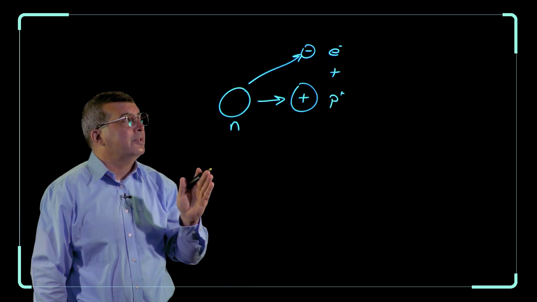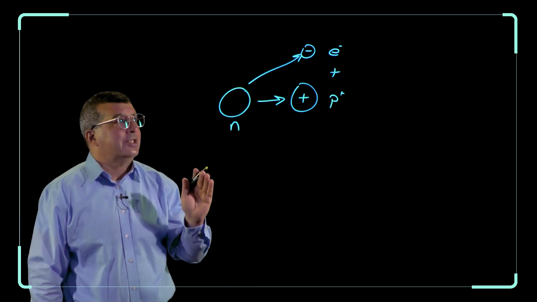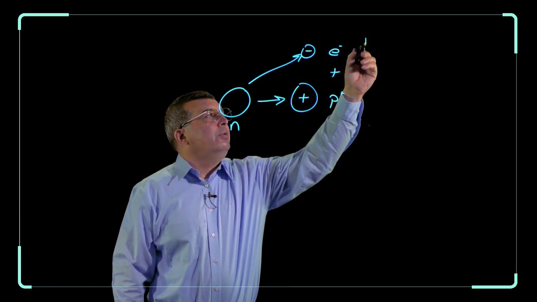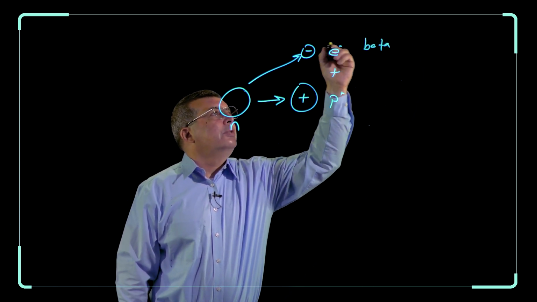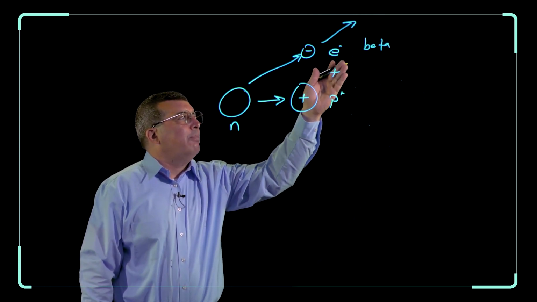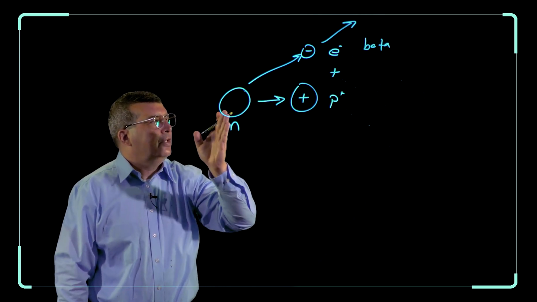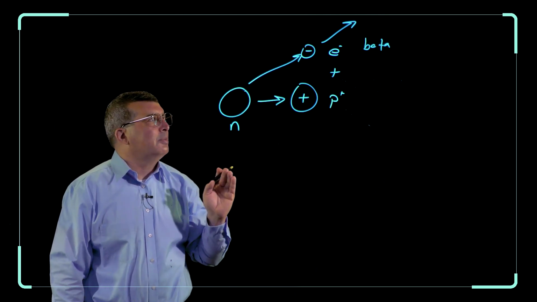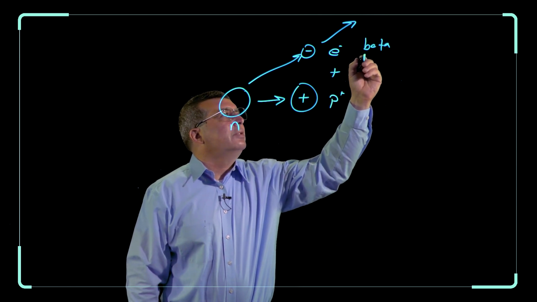So this becomes radiation. This electron that is released is called a beta particle. So the electron goes shooting out, and this electron is called a beta particle. So this process of a neutron turning into a proton and shooting out an electron becomes beta radiation.